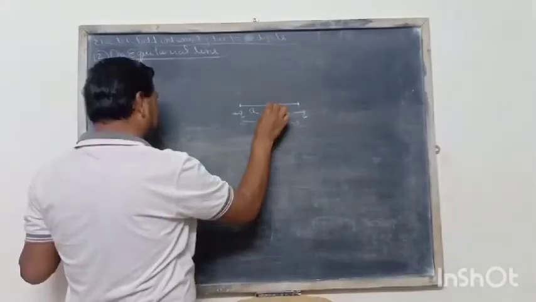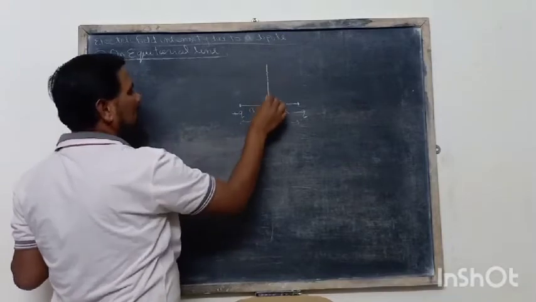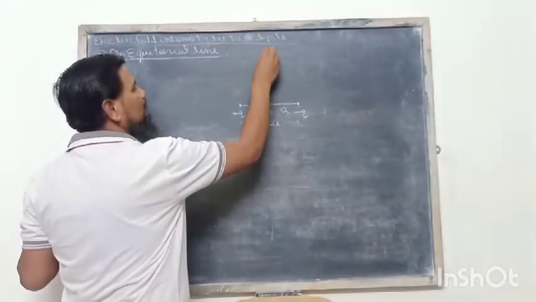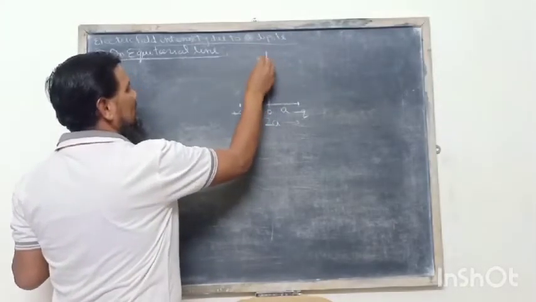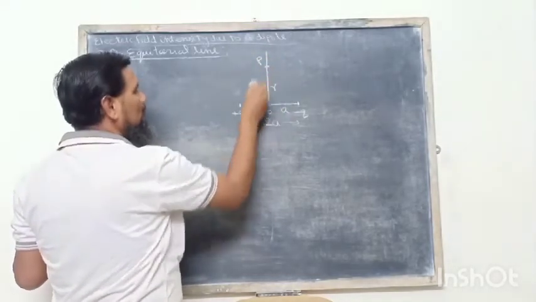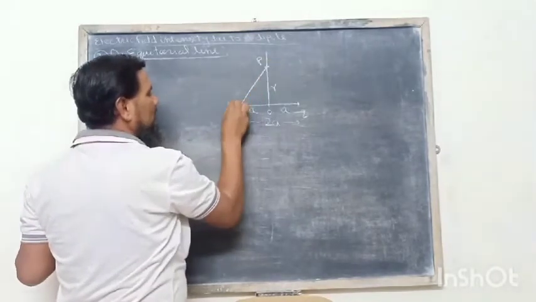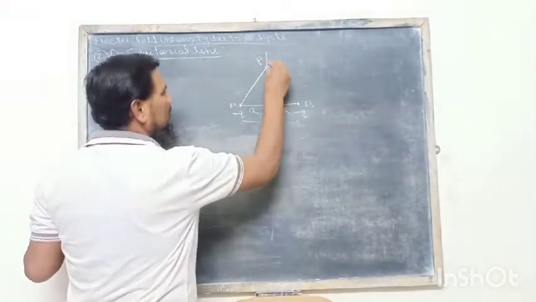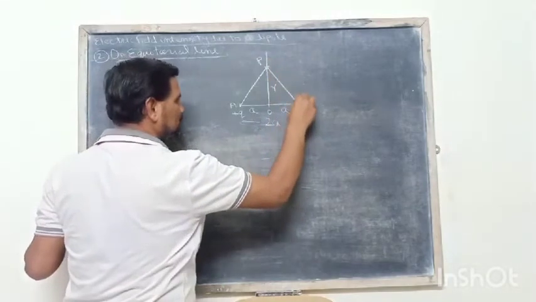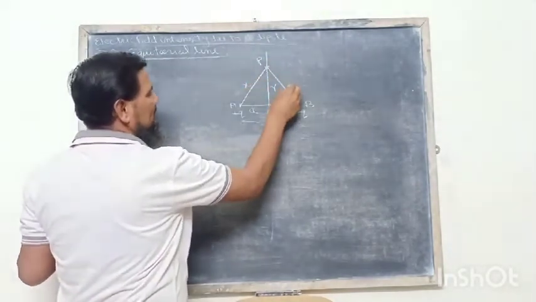The equatorial line is the perpendicular line passing through the midpoint and perpendicular to the dipole. We consider a point P at distance r from O, and then we join the points A and B from P. This distance we consider x.